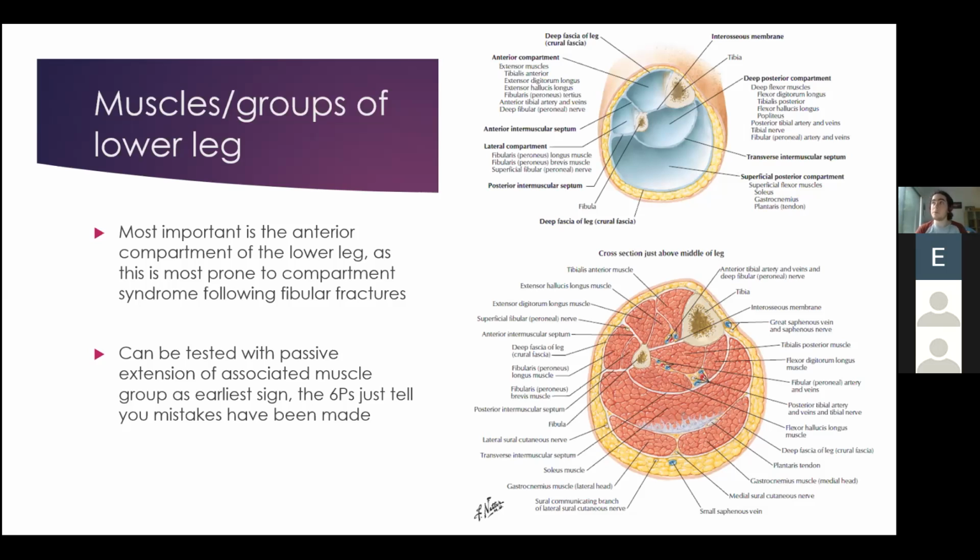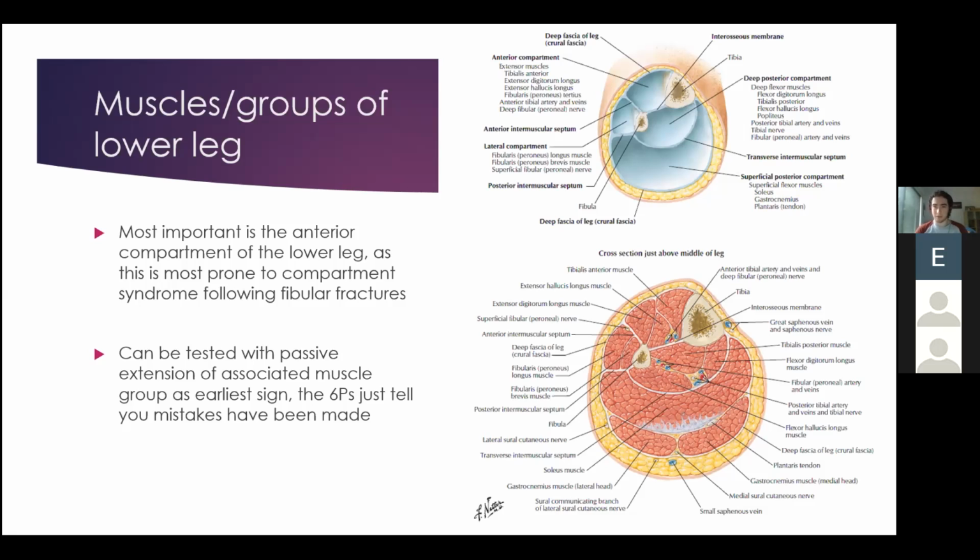Now, in terms of compartment syndrome, it classically happens, as I said, following a fracture like this. Sometimes other things can cause it as well, like really strenuous exercise apparently, but the main one to know will be fractures.